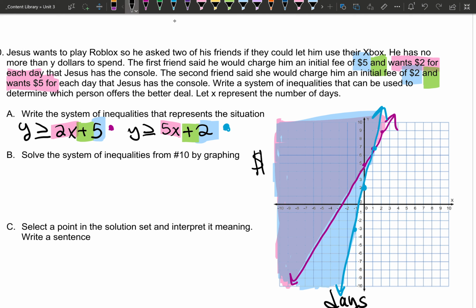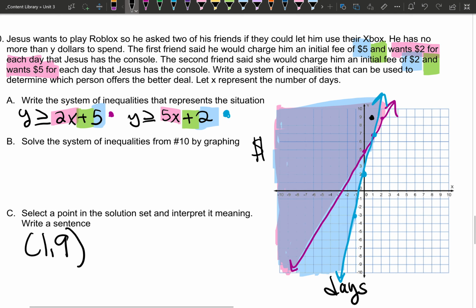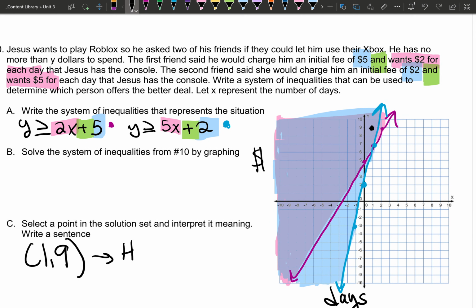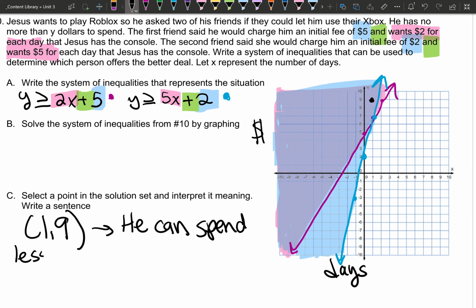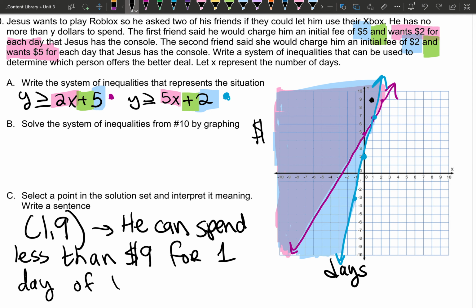I'm going to select this one. That's 1, 9. So this means he can spend less than $9 for 1 day of borrowing from either friend.